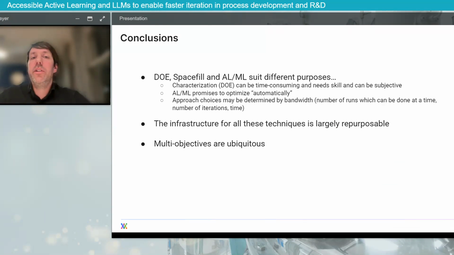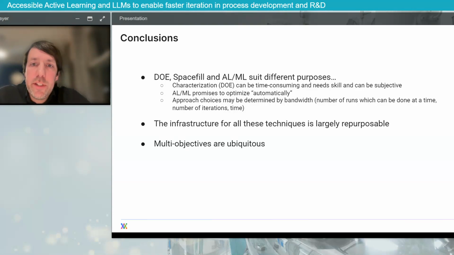So conclusions are that DOE, space-fill, AA, ML, they suit different purposes. So DOE can be quite time consuming and subjective and actually needs quite a lot of skill to execute. And this active learning approach promises to be a bit more automatic. So you could speed up iteration cycles there.